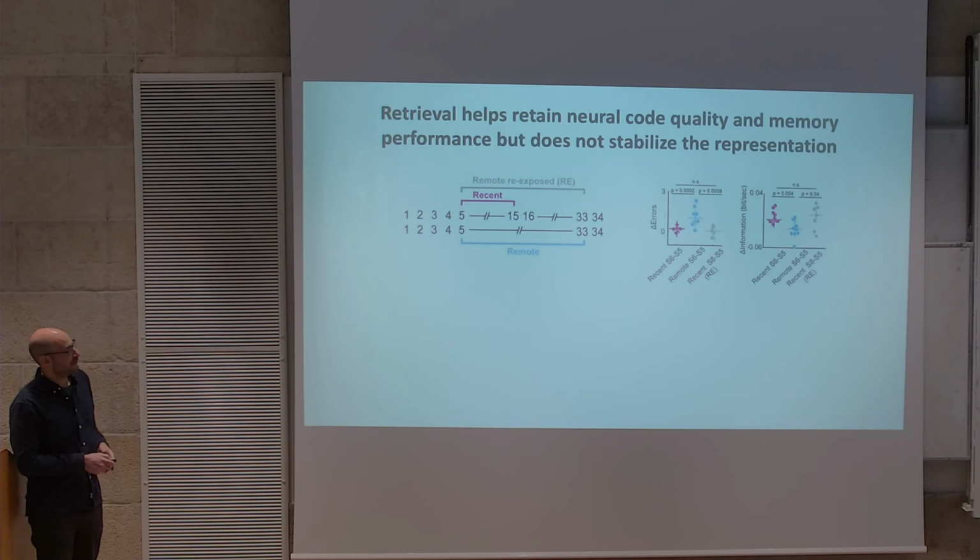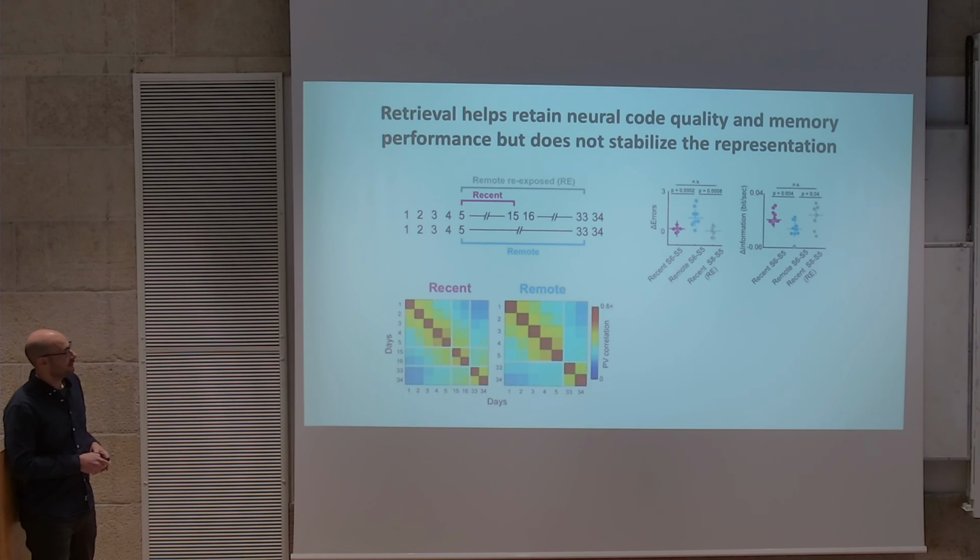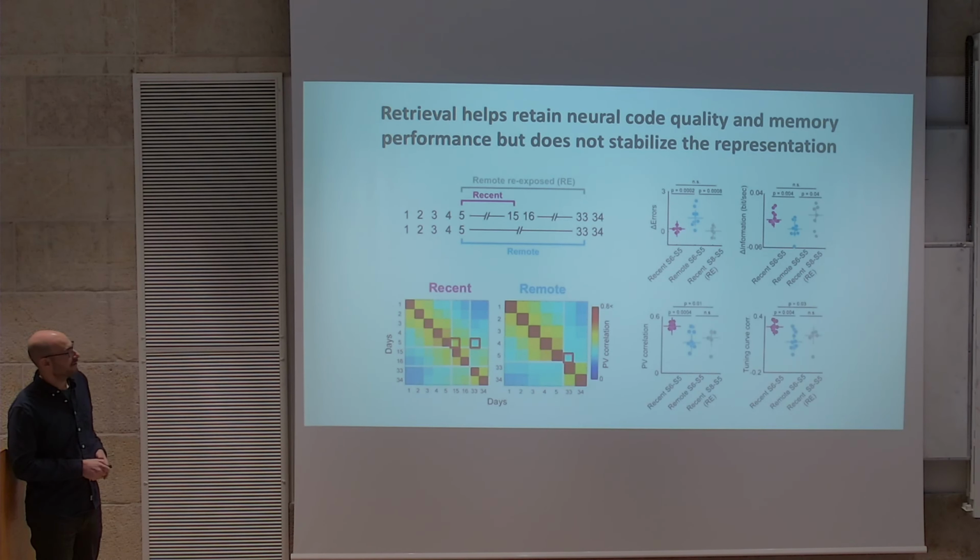Spatial information was again similar to its levels during recent recall, but here we see that the similarity between the representation here and day 5 was not higher as you would expect. Actually, it was not different from the one during remote recall.